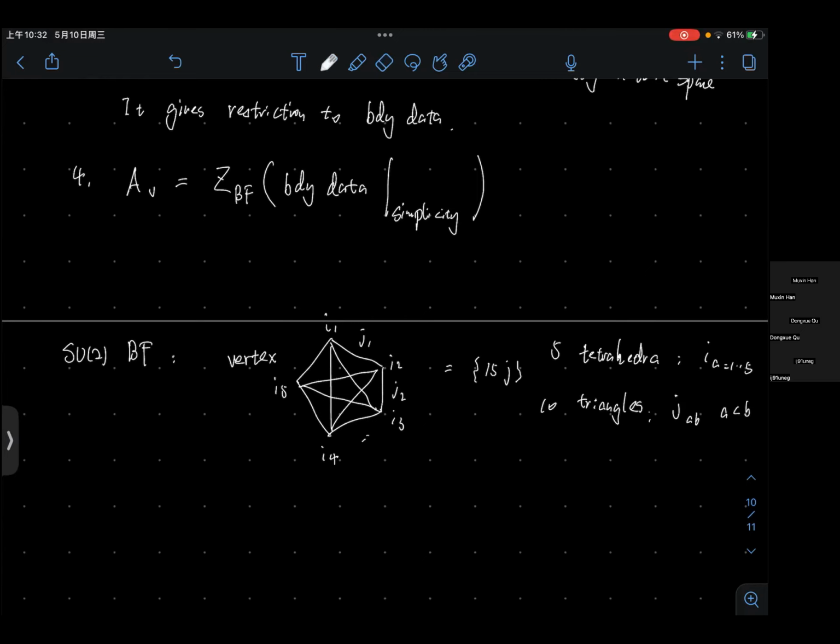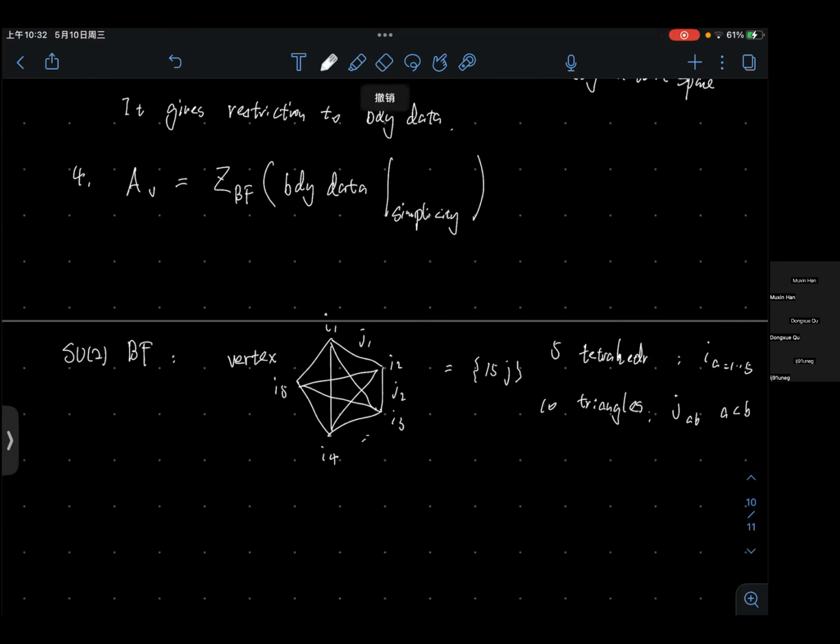These give you the boundary data of BF theory: at least for a single 4 simplex, the boundary data are given by 10 spins and 5 intertwiners.